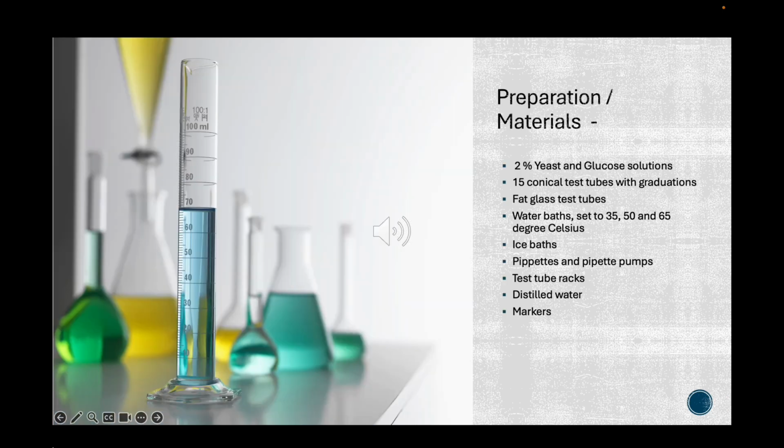So, for setting up this experiment, the materials that we need are 2% yeast and glucose solution, 15 conical test tubes with graduations, flat glass test tubes, water baths set to 35, 50 and 65 degrees Celsius, ice bath, pipettes and pipette pumps, test tube racks, distilled water and markers.